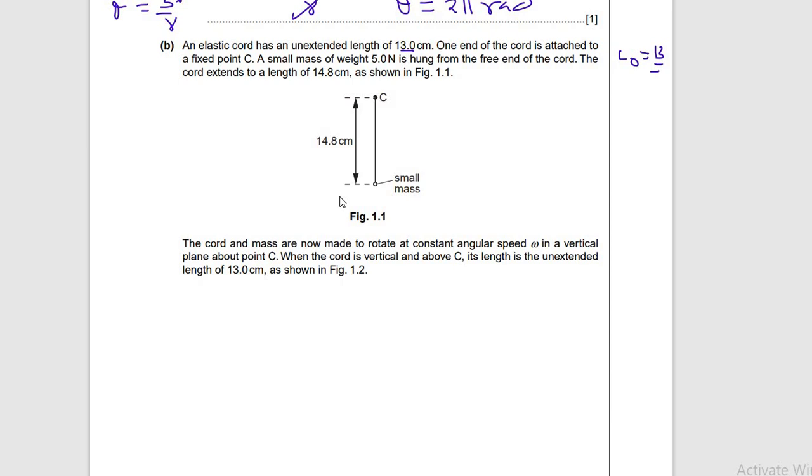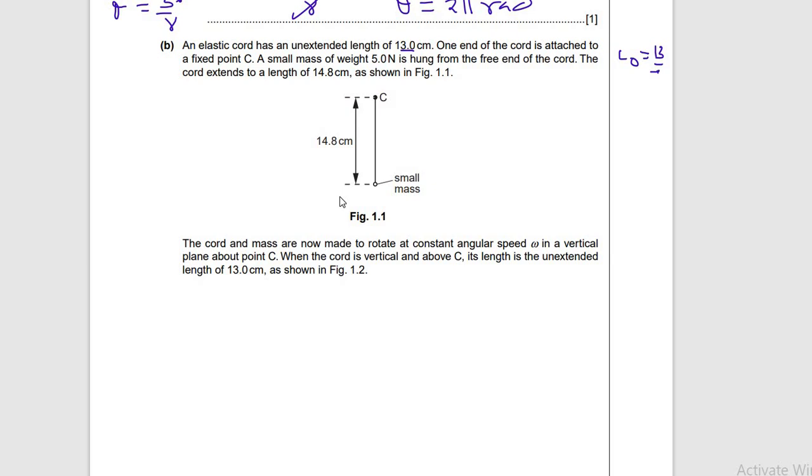One end of the cord is attached to a fixed point C. Okay. A small mass of weight 5 Newton is hung from the free end of the cord.